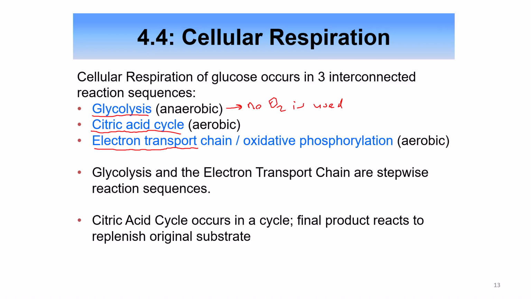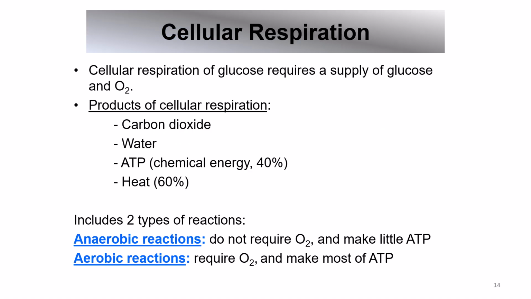First though, a little bit of an overview for cellular respiration. Know the cellular respiration of glucose. We're going to focus on glucose because our cells love glucose to make ATP. Know that cellular respiration requires glucose and O2. Okay, so when we break apart food molecules, for example glucose, then what do we get?